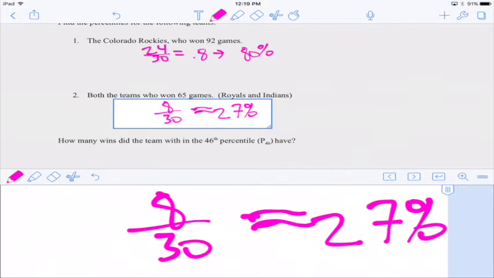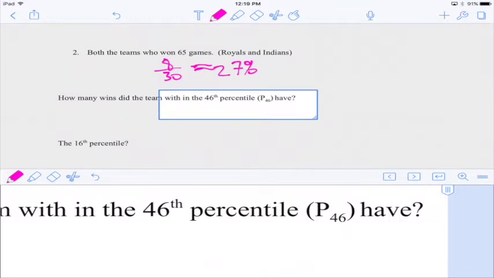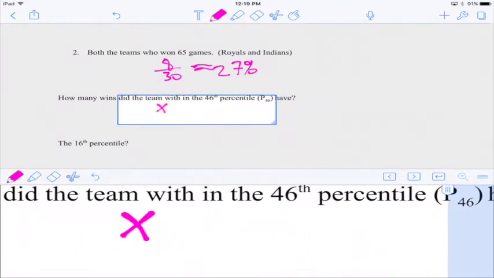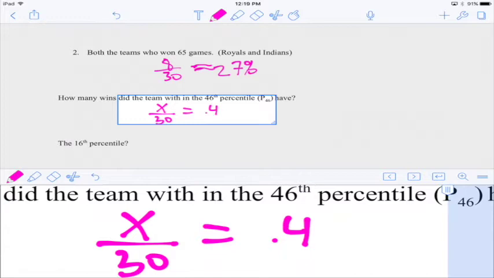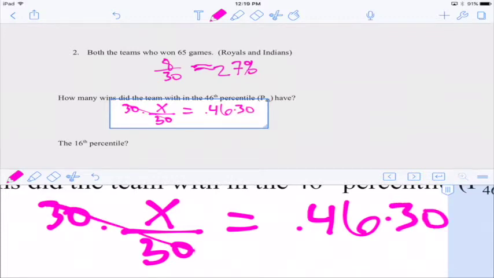And how many wins did the team in the 46th percentile have? We could do this a different way. We could say there's a certain number of teams out of 30 that ended up in the 46th percentile. So we multiply both sides by 30 to find out how many teams are less than.